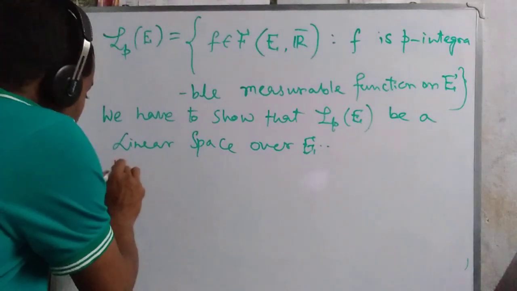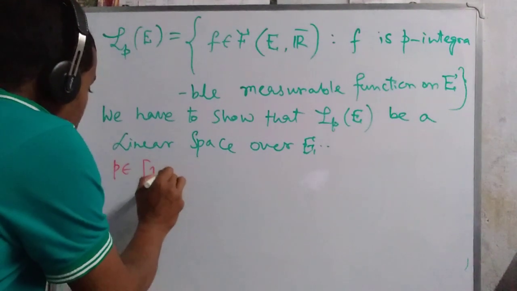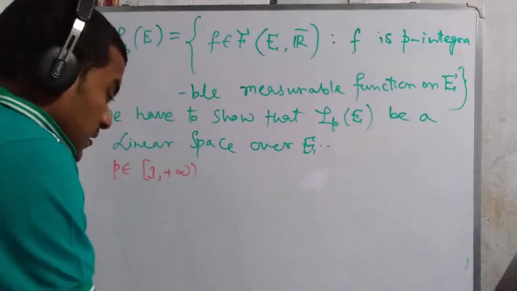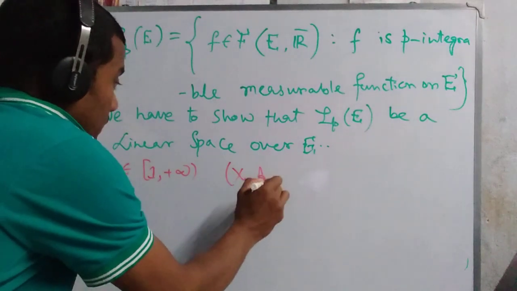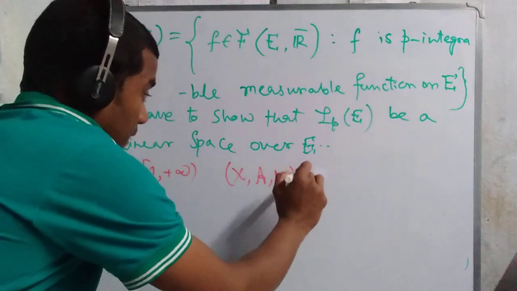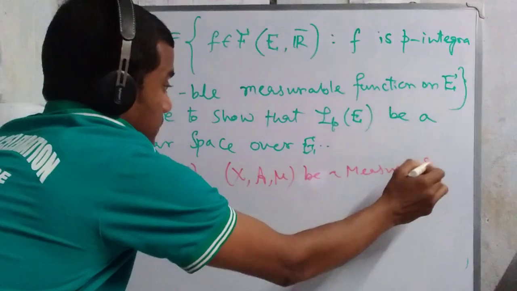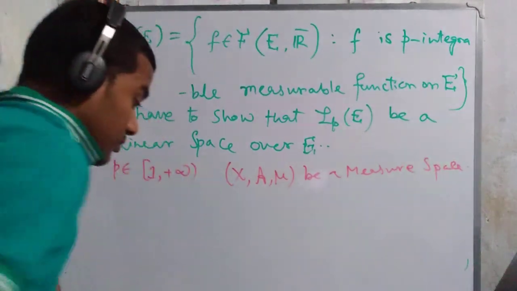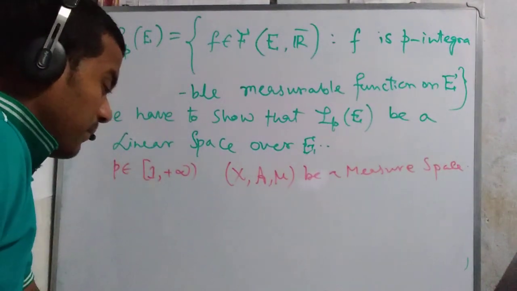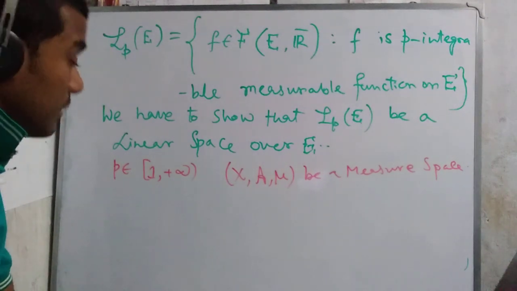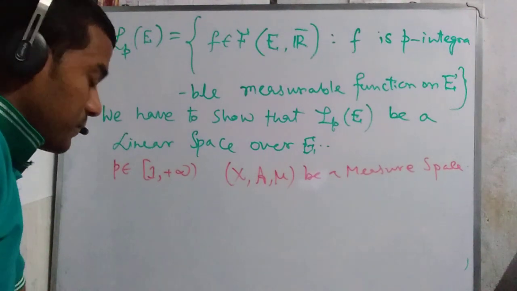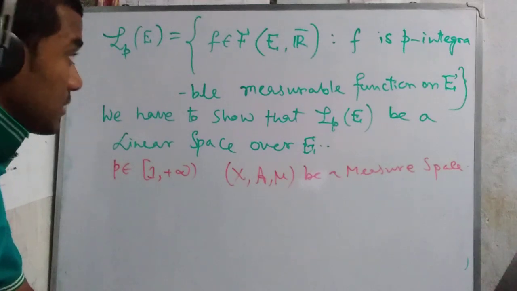Let p belong to [1, infinity), and let (X, A, mu) be a measure space. Then L^p is the linear space of all p-integrable measurable functions on E.